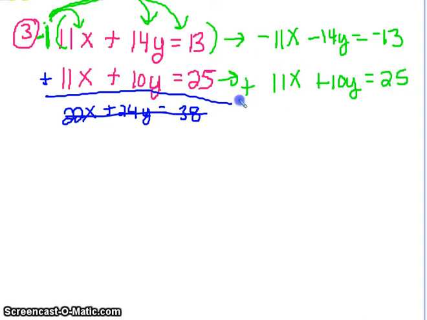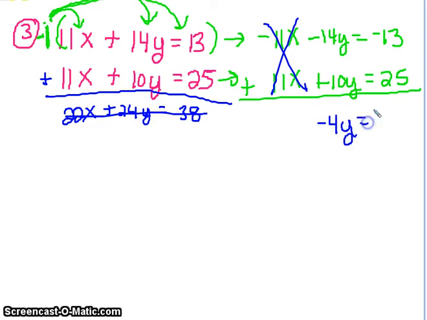But now when we add combination, elimination, those go away. It also gives me negative 14 and a positive 10, which is negative 4y, and negative 13 plus 25, which is 12.